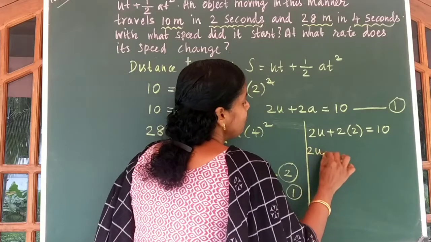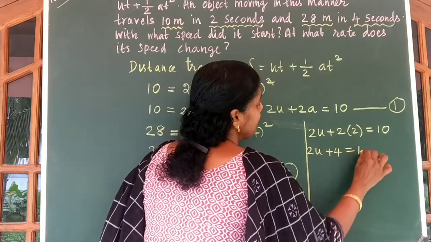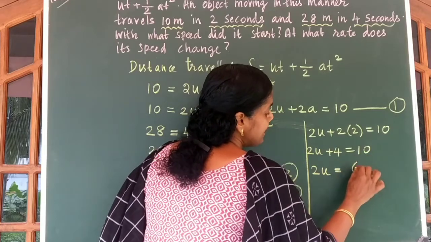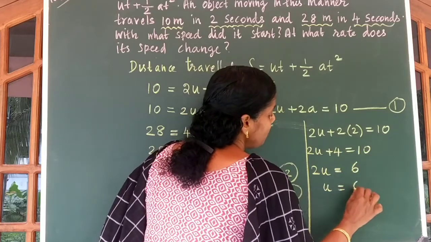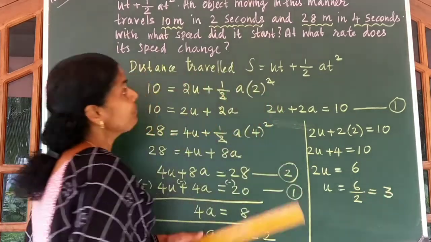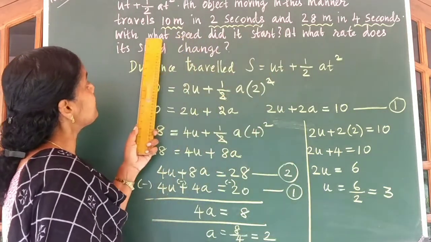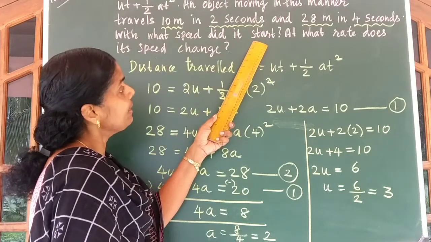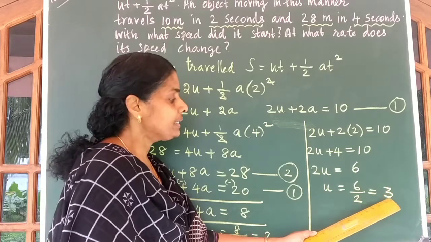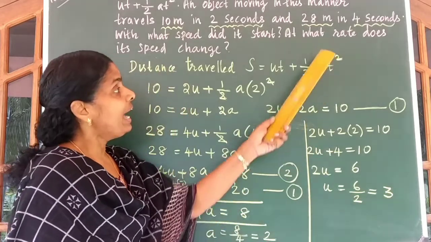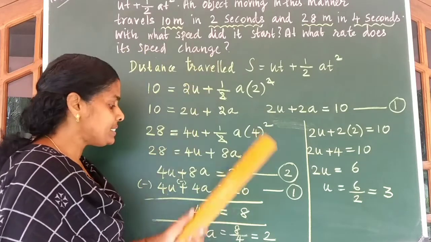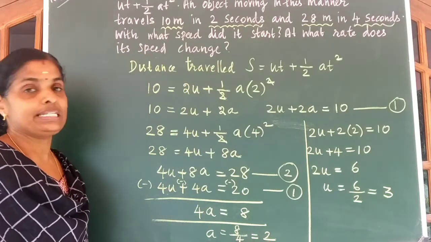That is 2u plus 4 is equal to 10. 2u is equal to 10 minus 4, 6, or u is equal to 6 by 2, which is equal to 3. So the first part of the question, with what speed did it start? Our initial speed is 3 meters per second. At what rate does its speed change? Speed changes by 2 meters per second.